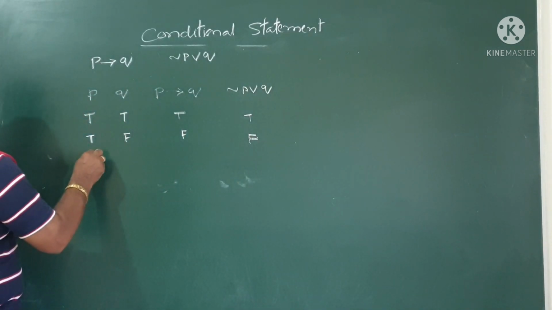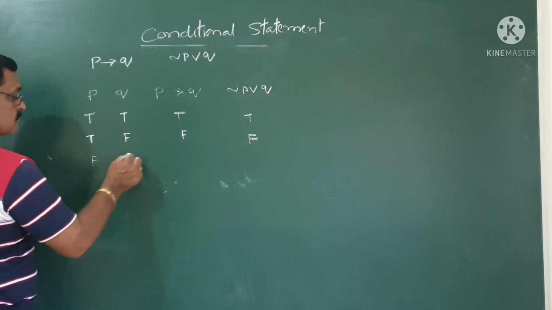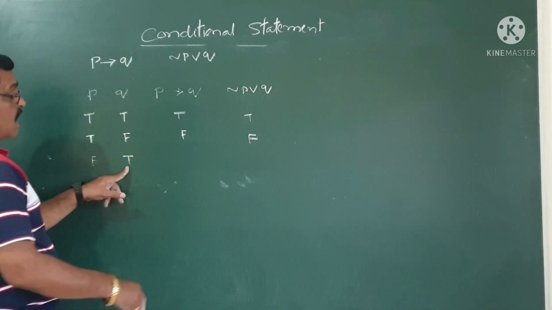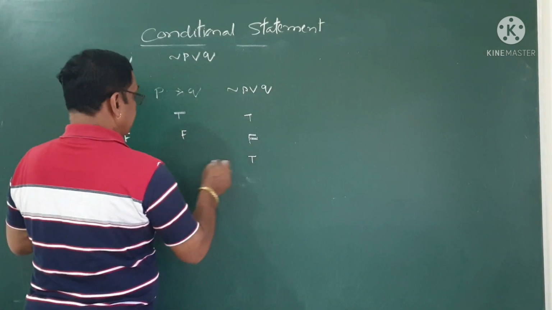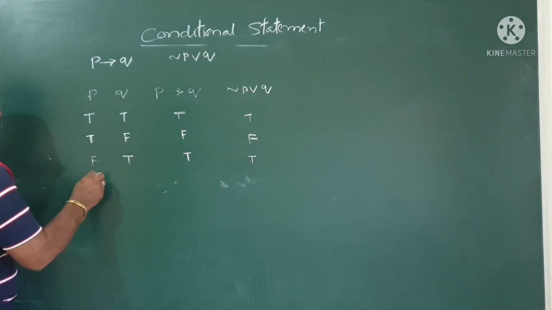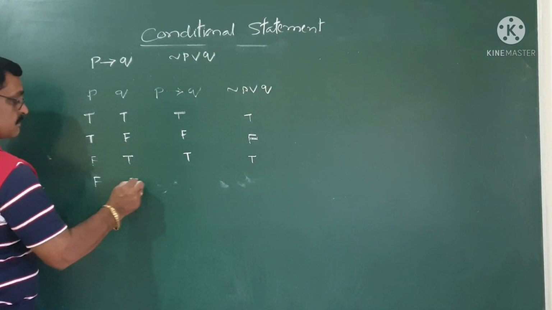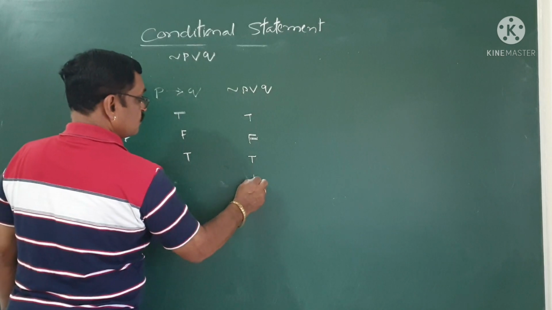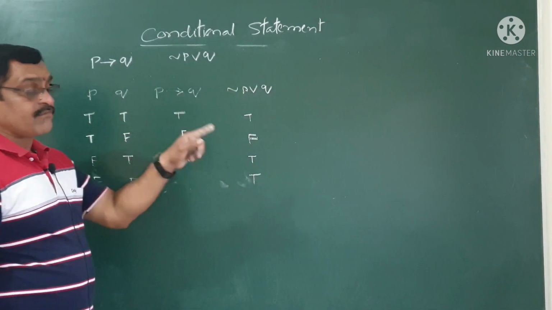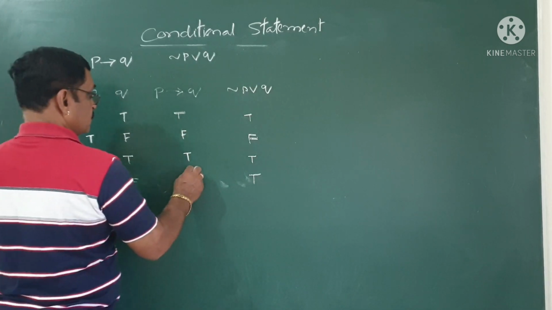Next come to false, true. Negation of false is true, so true or true is true. And we know very well this is true. Next come to false, false. What about this? This is true. Why? Because negation of false is true, true or false is true, and this is true.